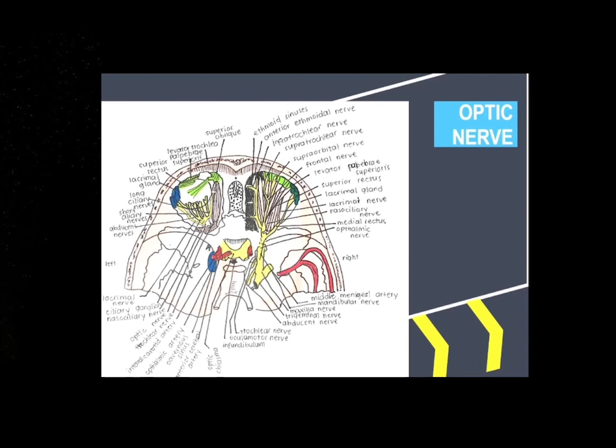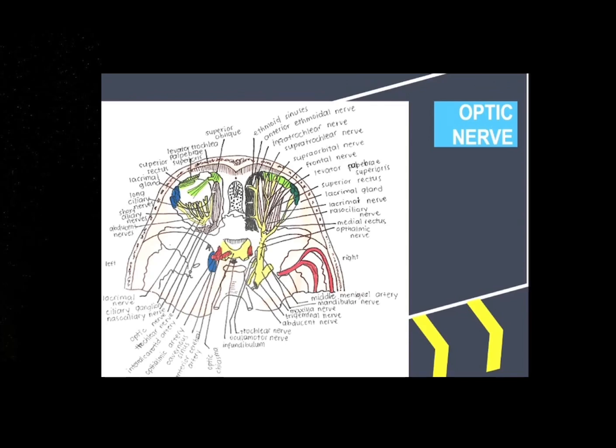The trochlear nerve enters the orbit through the upper part of the superior orbital fissure. It runs forward and supplies the superior oblique muscle. The superior ramus of the oculomotor nerve enters the orbit through the lower part of the superior orbital fissure. It supplies the superior rectus muscle, then pierces it and supplies the levator palpebrae superioris muscle.